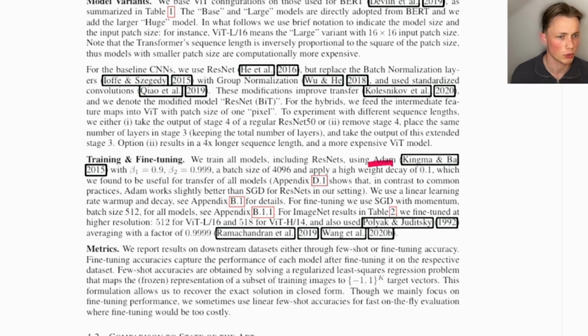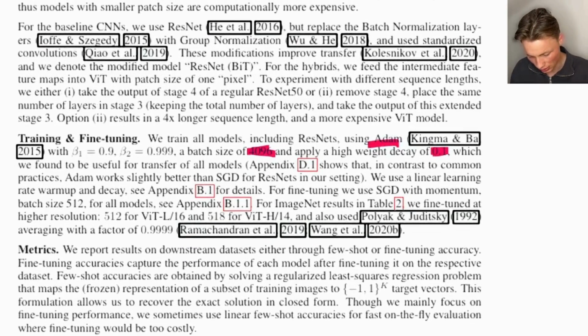They correspond to momentum and a special learning rate for each parameter. We have a batch size of 4096, so pretty high I would say, and a weight decay of 0.1. So nothing special here.